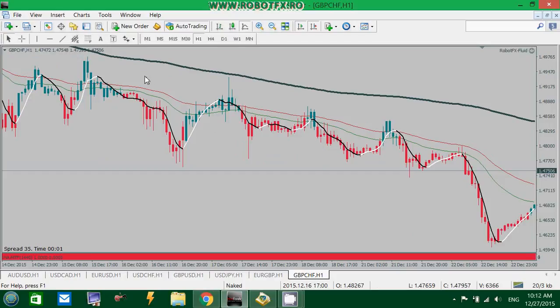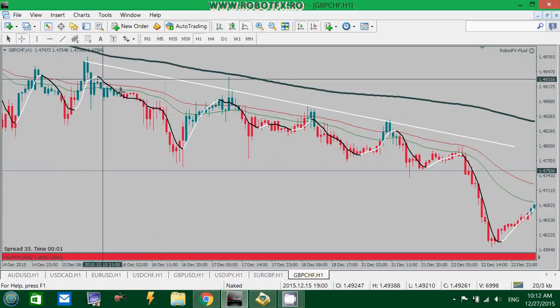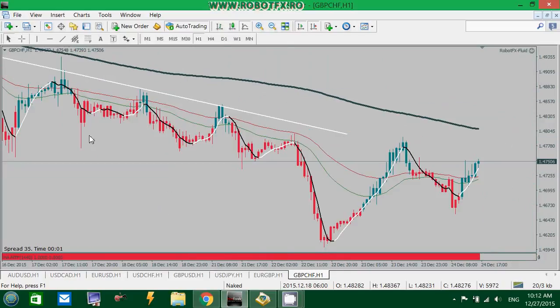So even though we have a trend down here, which is obviously down, the expert advisor will also open buys and then sells and buys and sells, every time the non-lag moving average changes its color when another swing is formed, either high or low.